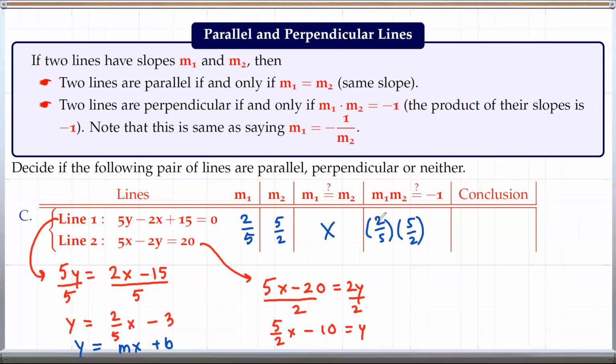So the 2's get canceled out, the 5's get canceled out, and we get 1, which is not -1. We need the product to be -1, but here we got 1. So this is also not true. So these two lines are neither parallel nor perpendicular. So maybe they go something like this, neither parallel nor perpendicular.